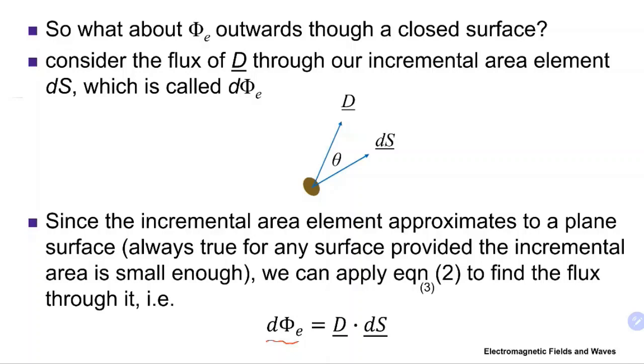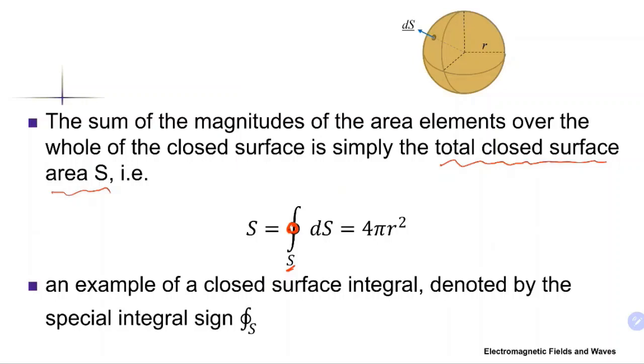Okay, so back to our equation 2 just now, the electric flux equals D dot S. And now for this tiny amount of flux that's going through this segment, it will be d phi e.